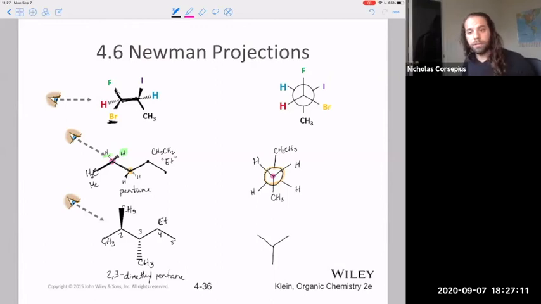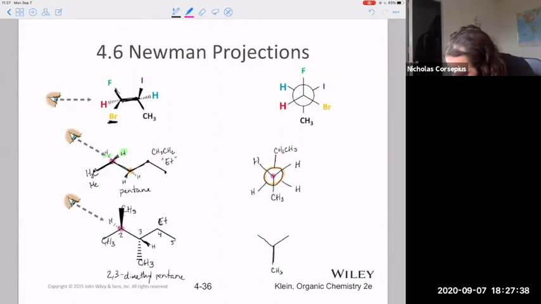Okay, so now I have to make sure to put these in their proper position. Notice even though I have this explicitly drawn methyl group on carbon 2, there's also implicitly a hydrogen. Same thing here. Although I have an explicitly drawn methyl group on carbon 3, there's an implicit hydrogen there as well. Okay, so on my front carbon here, pointed down is a methyl group.